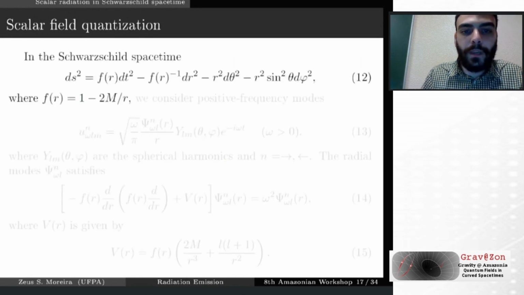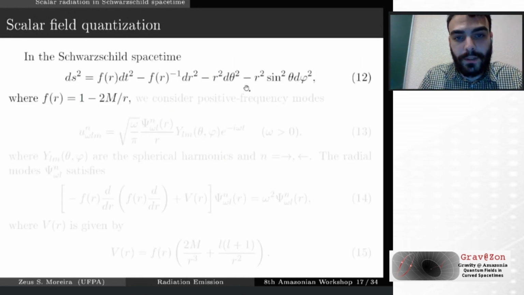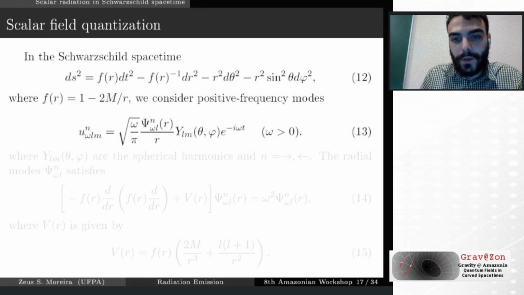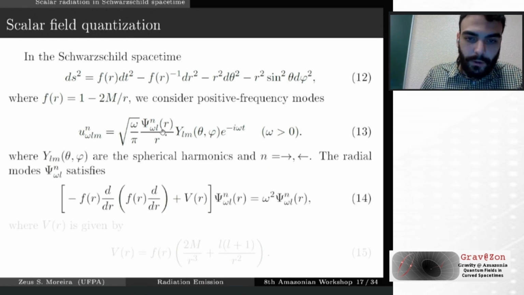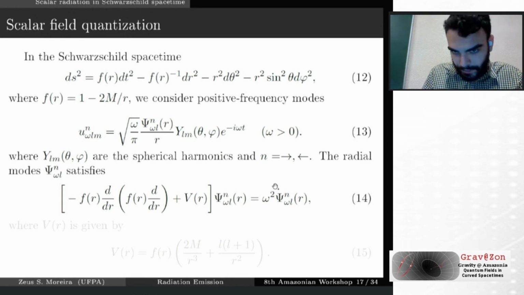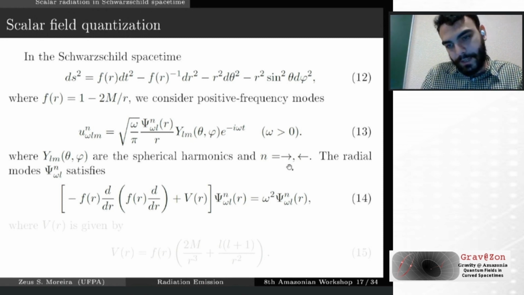And here we consider the Schwarzschild spacetime that you are all familiar with, and we can also consider positive frequency modes according to equation 13. Here, these Y_lm are the spherical harmonics, and on the radial modes, this psi over here, I put this index n, which can take two values, the value right arrow and the value left arrow.